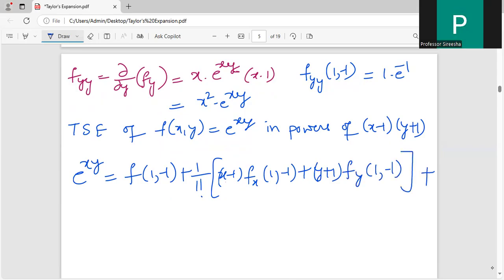This is the first term, the 1 factorial term. The 2 factorial term would be something like this.